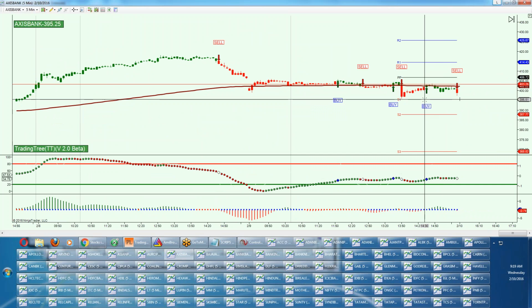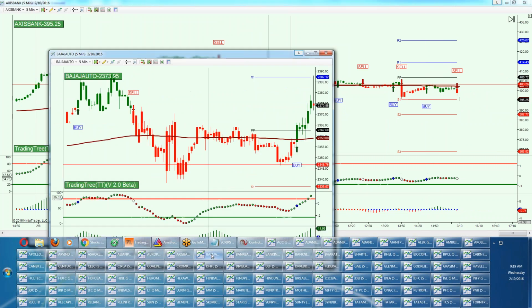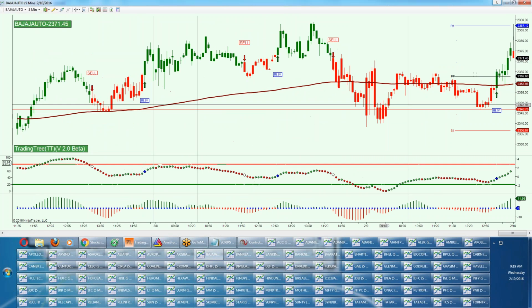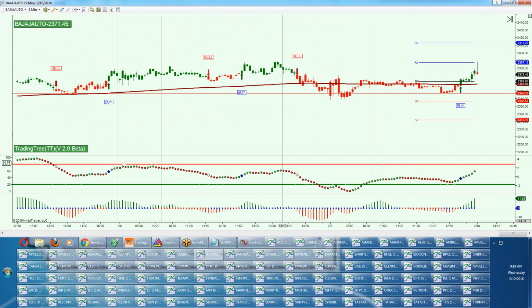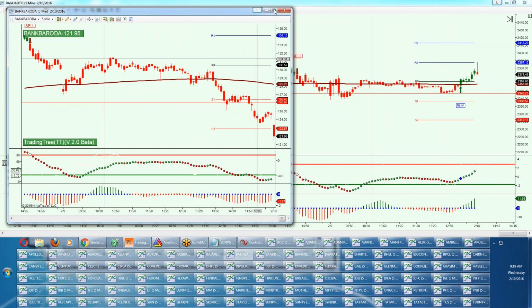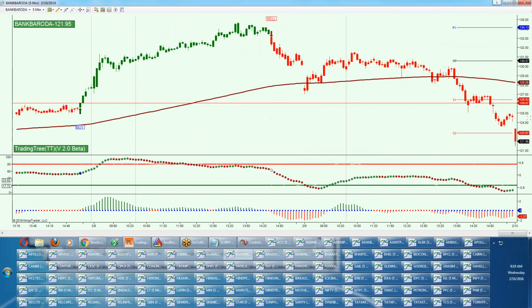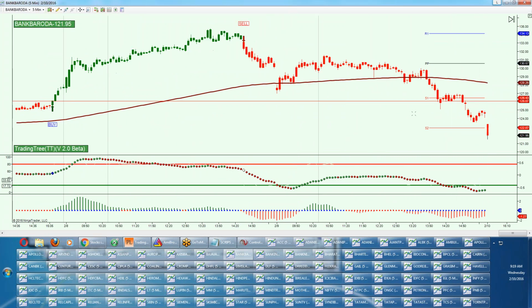That will be 395. So we had seen multiple trades in Bank of Baroda, Bank of India, ALBK yesterday.